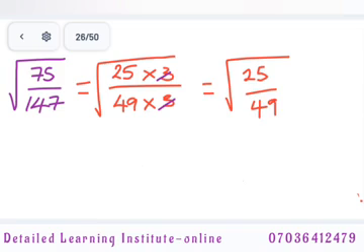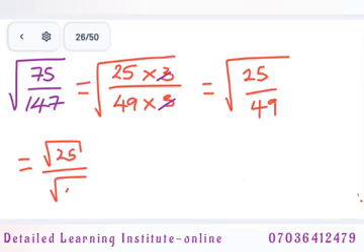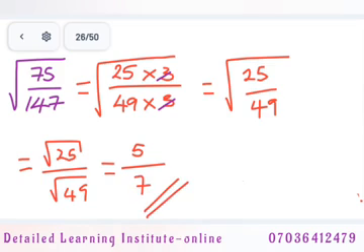Now this is the same thing as saying the square root of 25 divided by the square root of 49. Square root of 25 is 5. And square root of 49 is 7. So that means the final answer is 5 over 7.